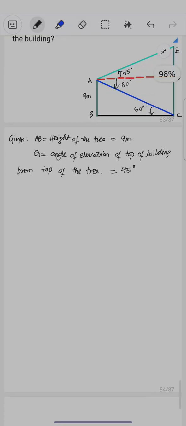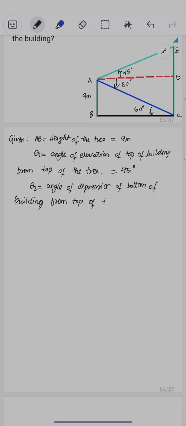Theta 2 is what? Angle of depression of the bottom of the building from the top of the tree, which is how many degrees? 60 degrees.